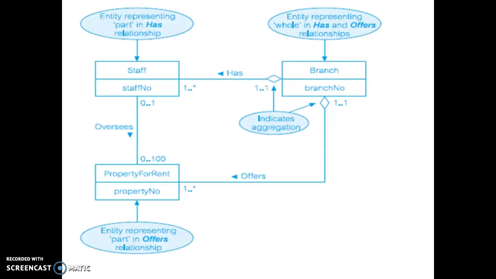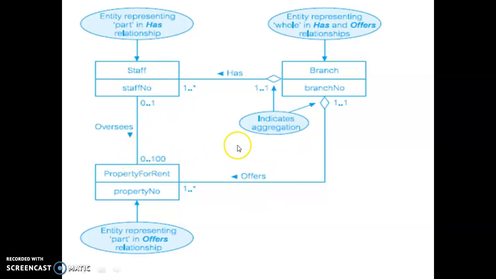This EER diagram displays two examples of aggregation: branch has staff and branch offers property for rent.